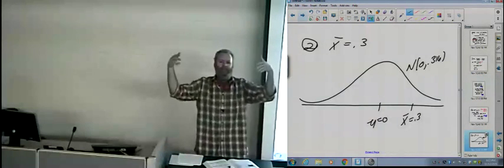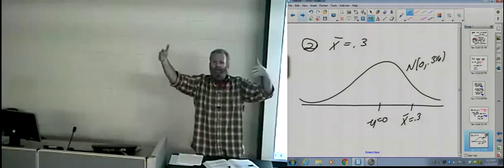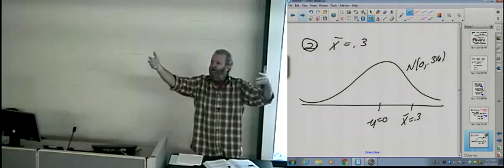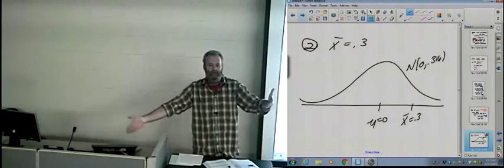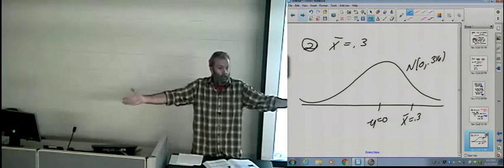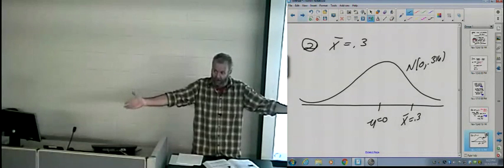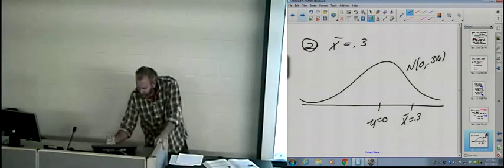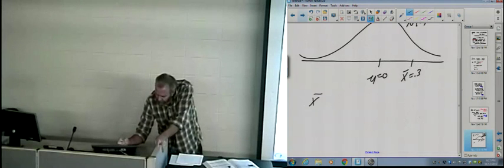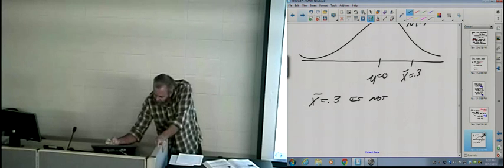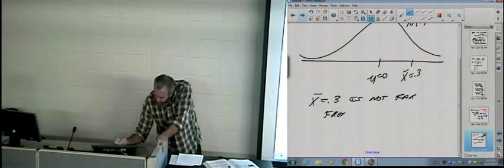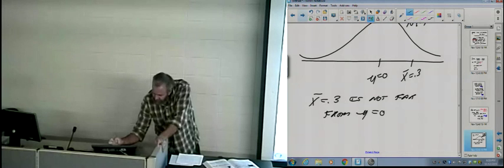What do you know about the 68 part of the rule? Within 1 standard deviation, 68% of all the observations fall there, right? You have something that's very likely to happen if mu was equal to 0. You believe that? Right? X bar equals 0.3 is not far from mu equals 0.